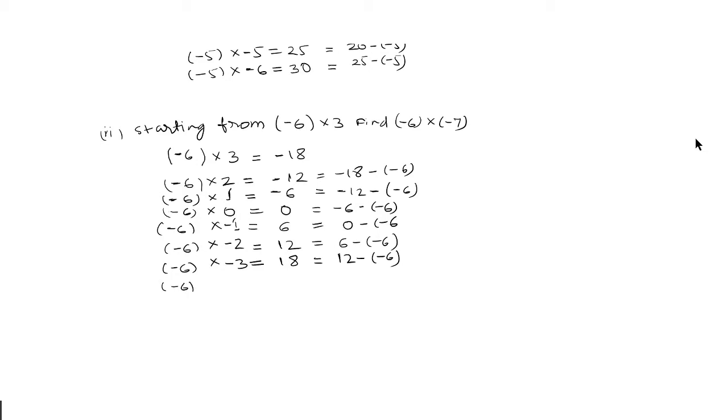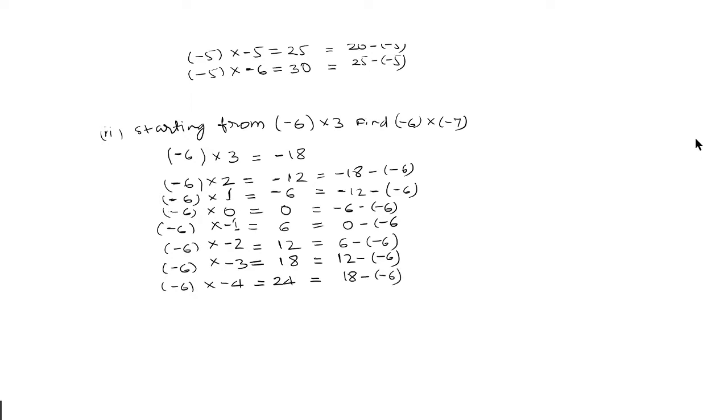Then minus 6 multiplied by minus 4. This gives us, if we add 6 to 18, we get 24, which we get 18 minus minus 6.